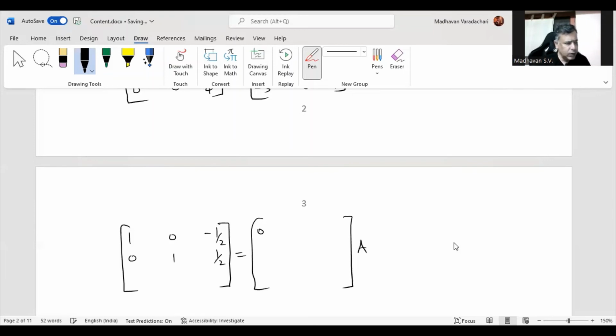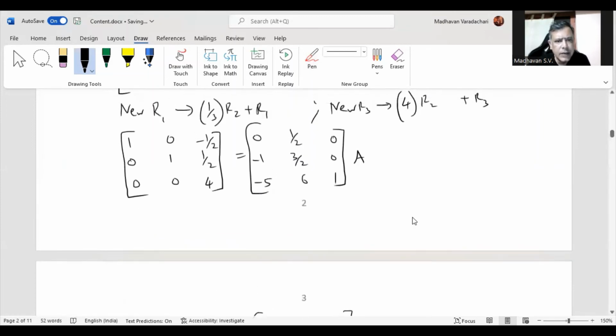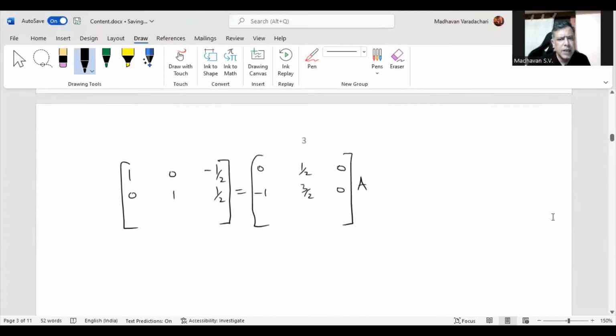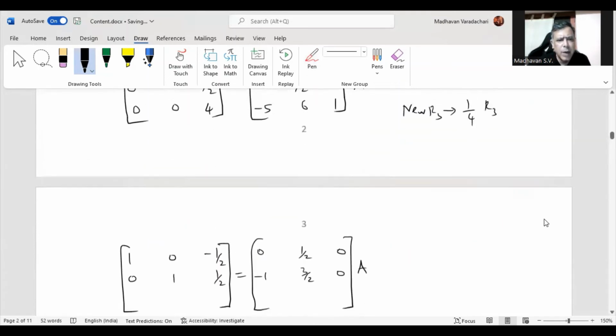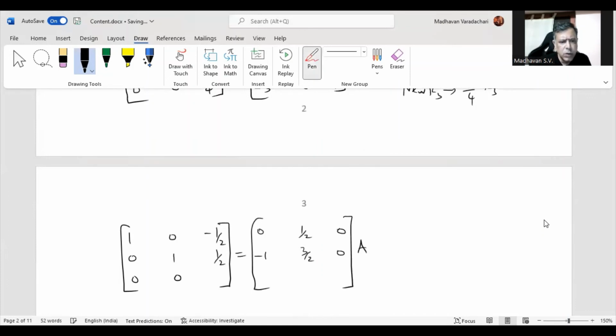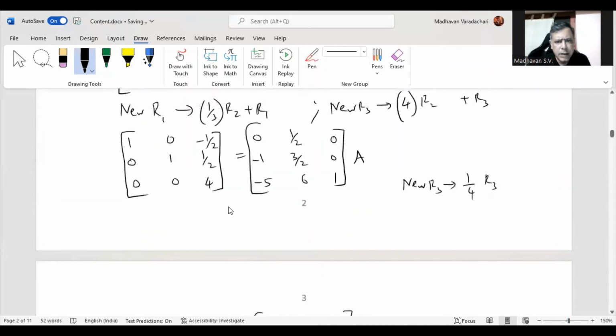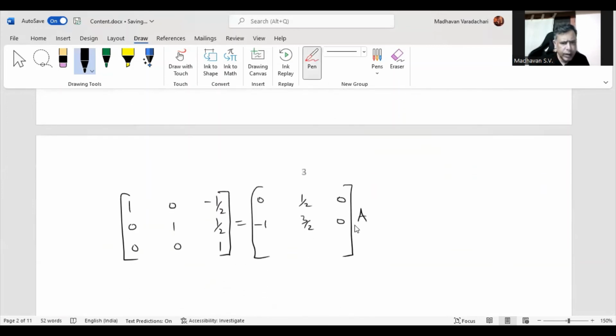Here it is 0, 1 by 2, 0, and minus 1, 3 by 2, 0. Here, once we apply this operation, that is, new row 3 will be 1 by 4 times of existing row 3. So that means we are multiplying by 1 by 4 all the elements: 0, 0, 1. Here in this minus 5 by 4, 6 by 4, and 1 by 4.